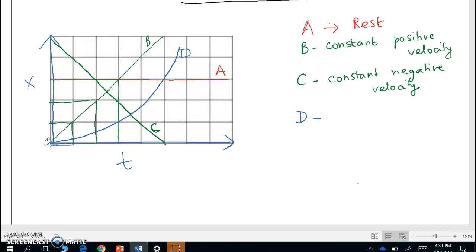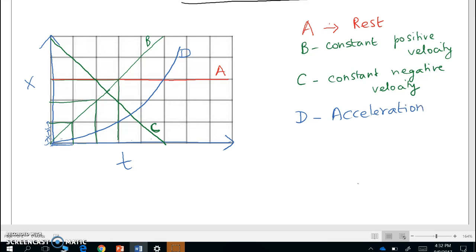In the next second it covers a little bit more, and in the next second a little bit more, and then in this second you can clearly see it covers much more distance. So the distance covered in every second keeps increasing with time. So this represents an object that is speeding up, or this represents acceleration.